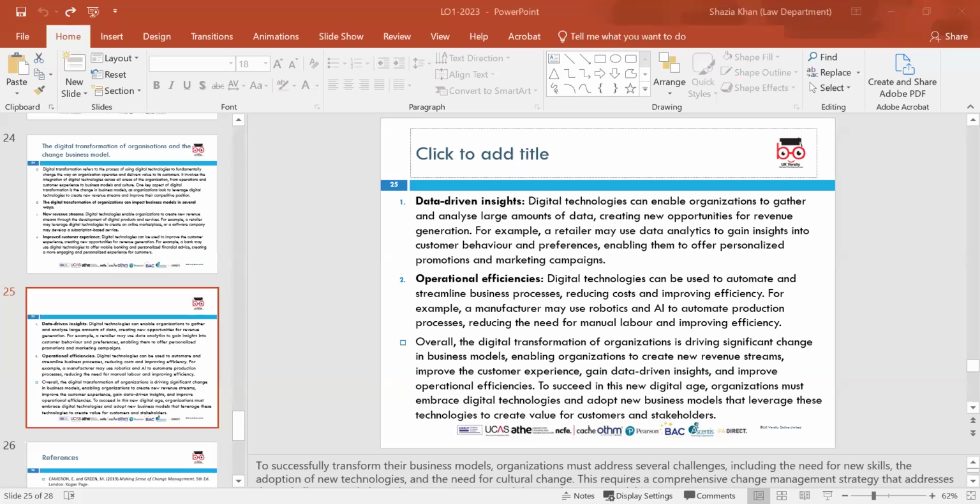We also looked at the digital transformation of organizations and the change of business models, and how digital technologies impact customers and businesses, and how they improve the efficiency and effectiveness of a business.